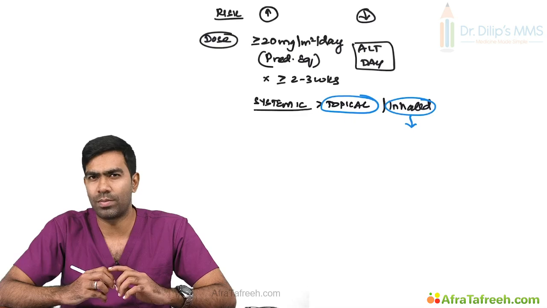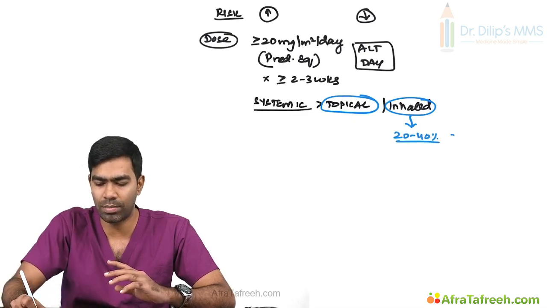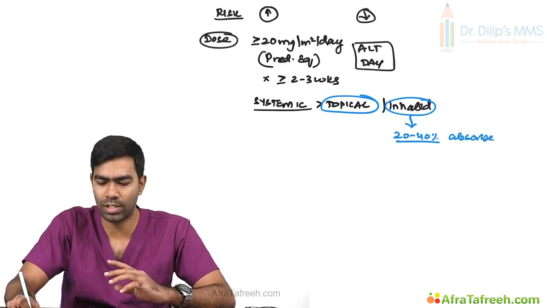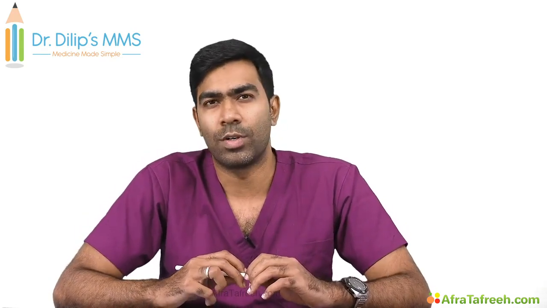Many people don't know that with inhaled corticosteroids, whatever dose you give, 20 to 40% is actually absorbed into the systemic circulation. This is especially true in a patient with uncontrolled bronchial asthma, because most of the time uncontrolled asthma patients will be receiving high-dose inhaled corticosteroids, which increases their risk of developing Cushing syndrome.